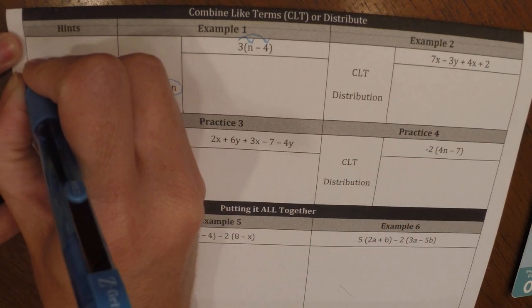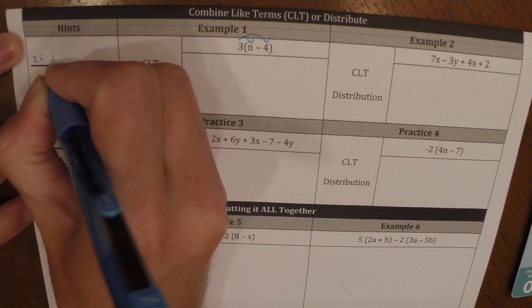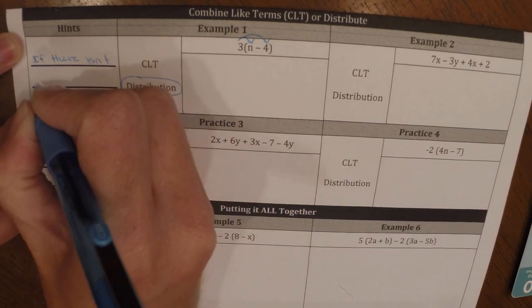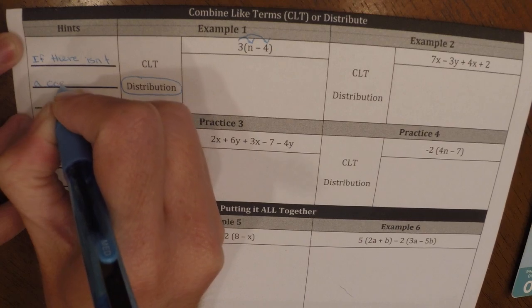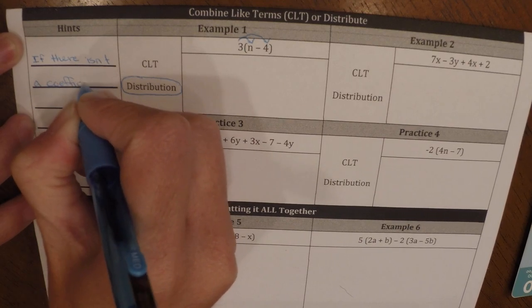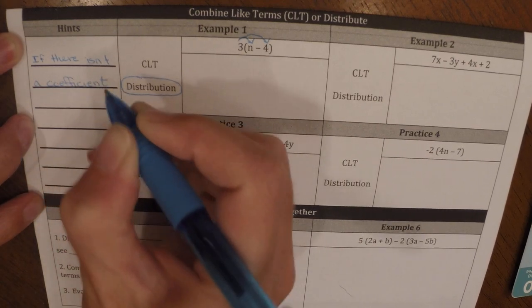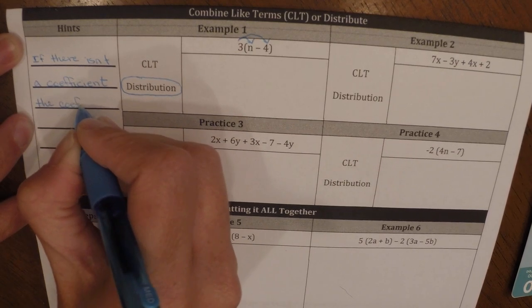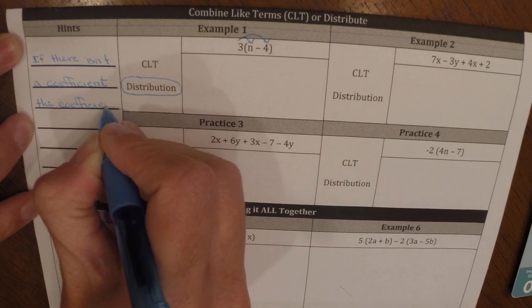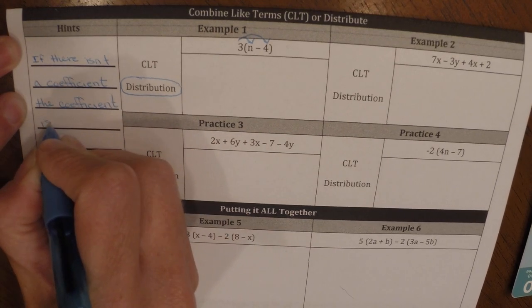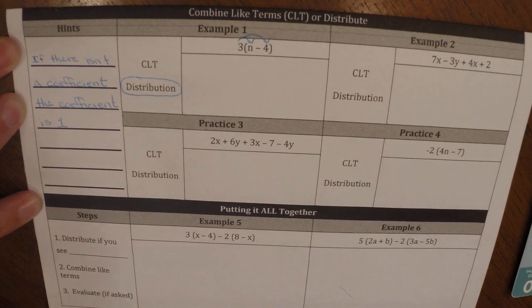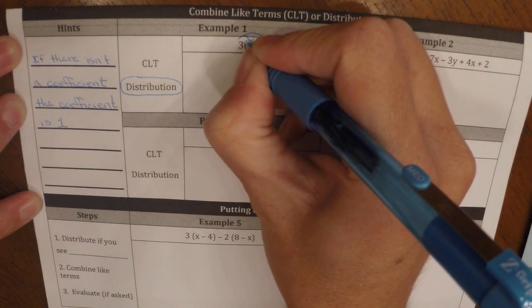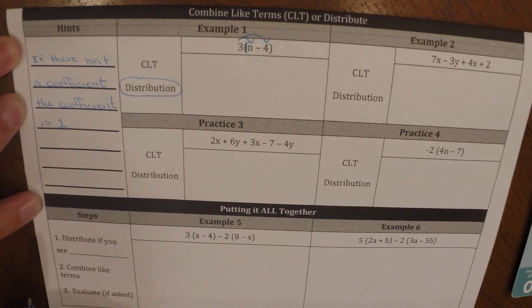So we would say if there is not or isn't a coefficient, meaning a number in front of the variable, the coefficient is 1. So here in front of this n, there is an imaginary 1 that's sitting right there.